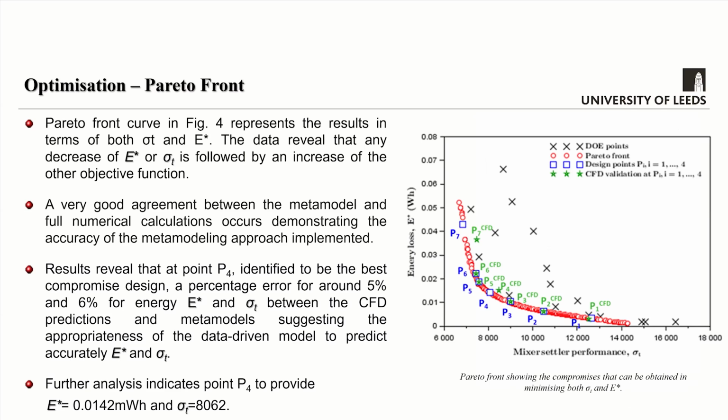If you look at this curve, which would be the optimum point? 0.4 seems to be the optimal point. Well, the best compromise, I should say, which corresponds to these values in terms of energy losses and sigma t.